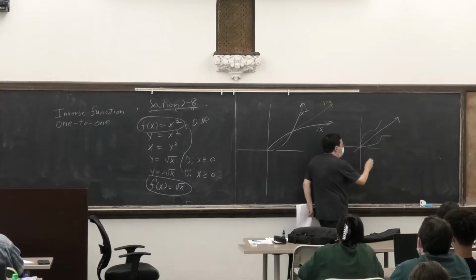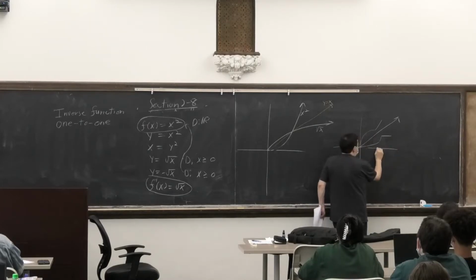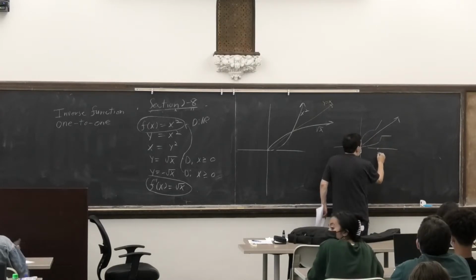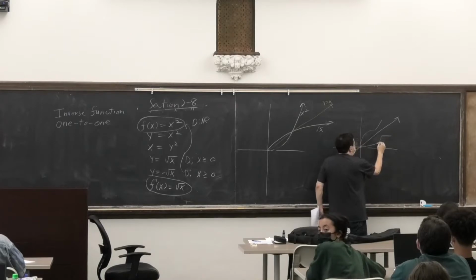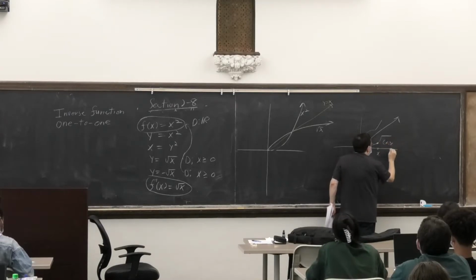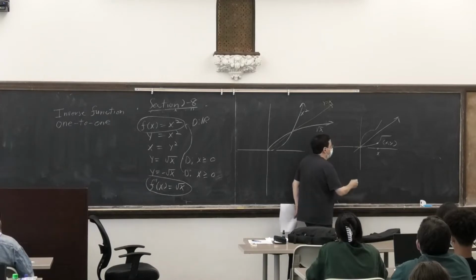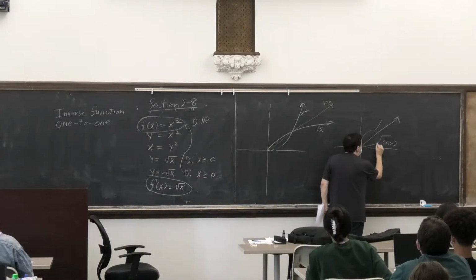This idea makes a lot of sense if you think about the fact that if you've got a point x here, the point on the curve is x comma y. So the function takes x to y.